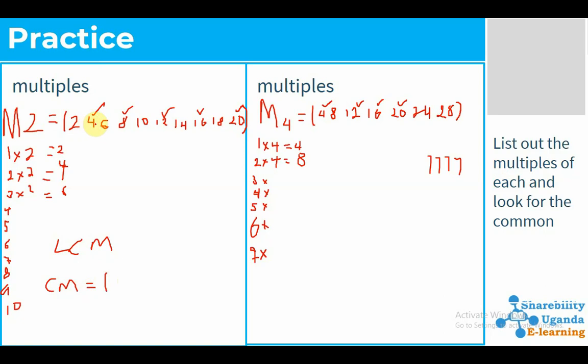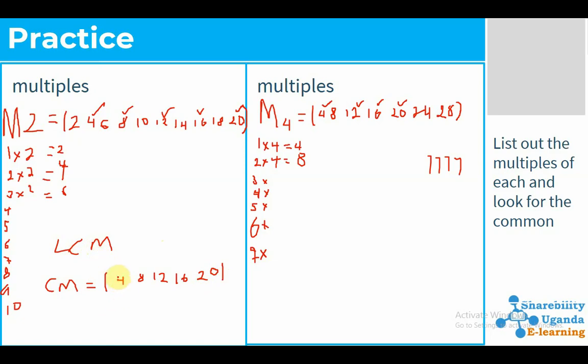Our common multiples, we have a 4, we have an 8, we have a 12, we have a 16, we have a 20 as our common multiples.